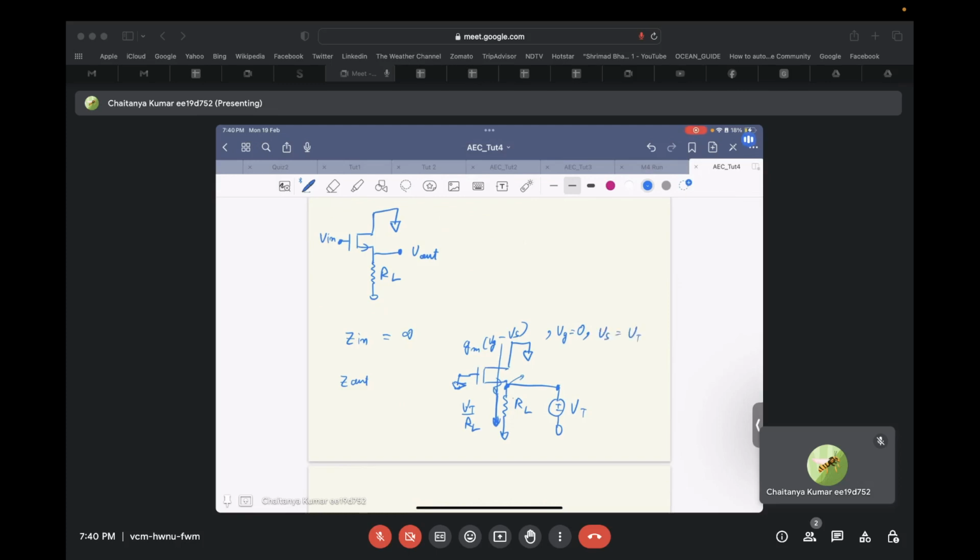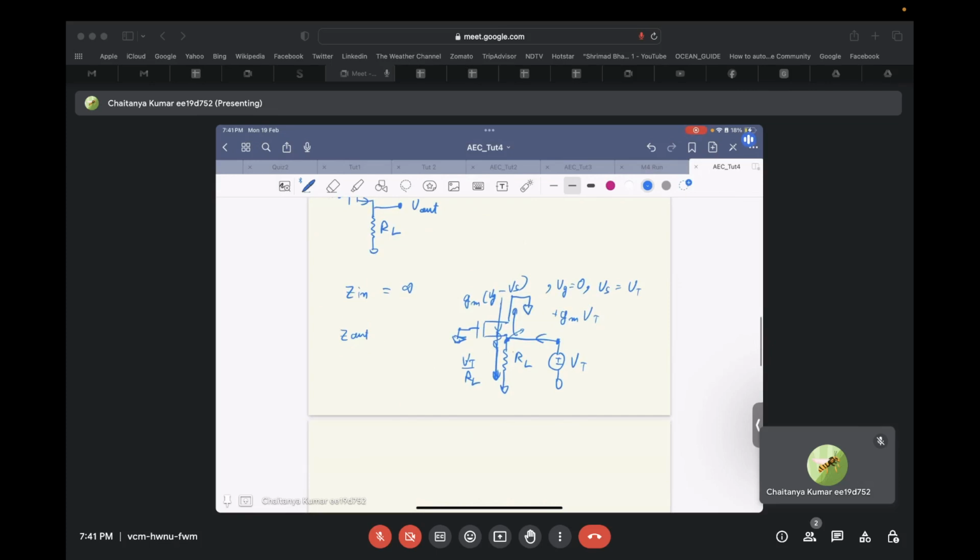So the current will be minus Gm times Vt. In actual direction, the current will be from source to drain of the transistor, that will be Gm times Vt.